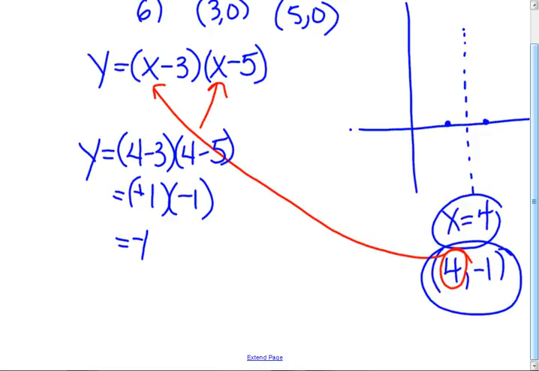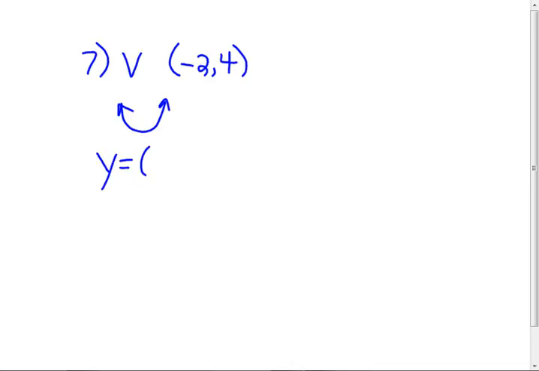Okay, so we're going to go to 7. Write the equation of the parabola that opens upward. The vertex is at (negative 2, 4). What's vertex form for an equation? Yes. It's y equals (x minus h) squared plus k.